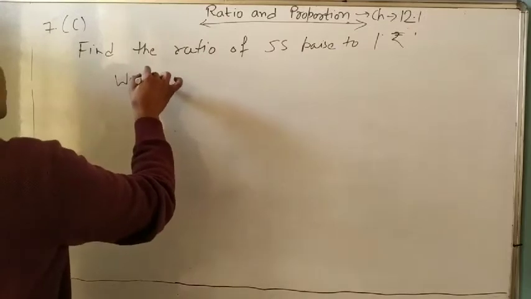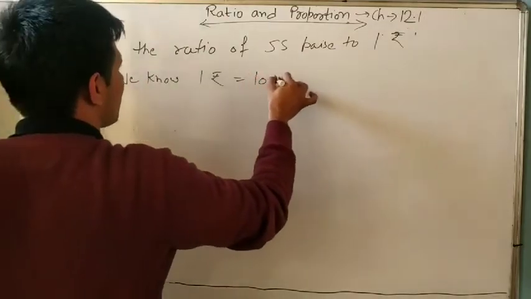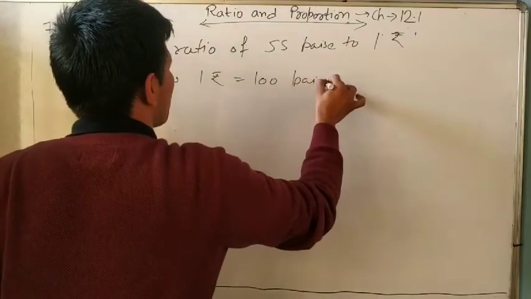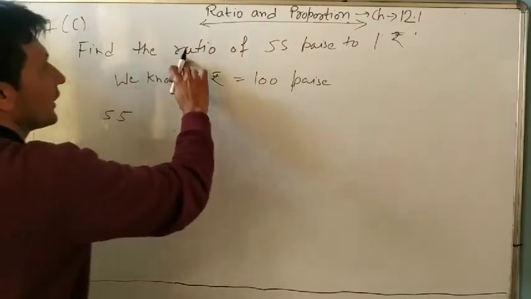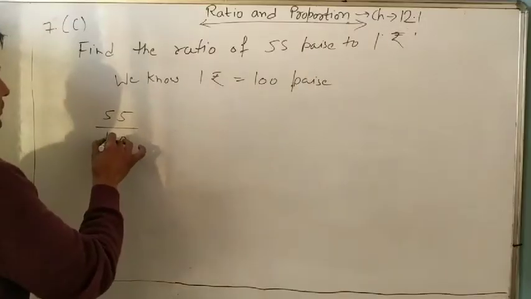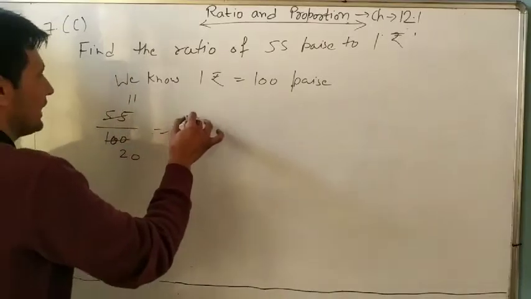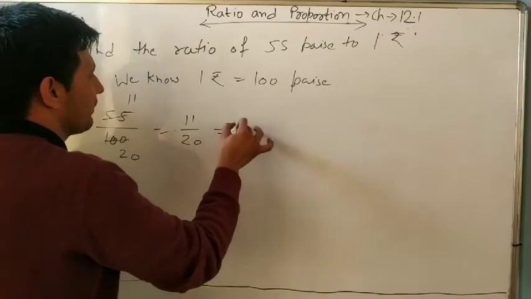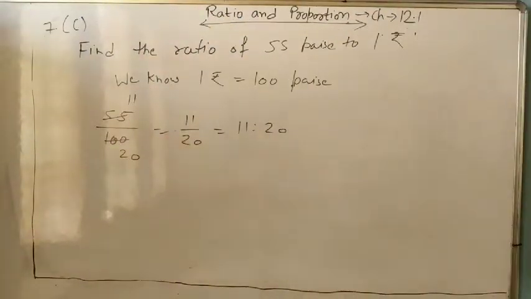So we know 1 rupee is equal to how many paise? 100 paise. So we write the ratio of 55 to 100. 5 1s are 5, 5 11s are 55, 5 20s are 100. So what is the ratio? 11 by 20, and 11 by 20 means 11 ratio 20. Understand it? It is your answer.